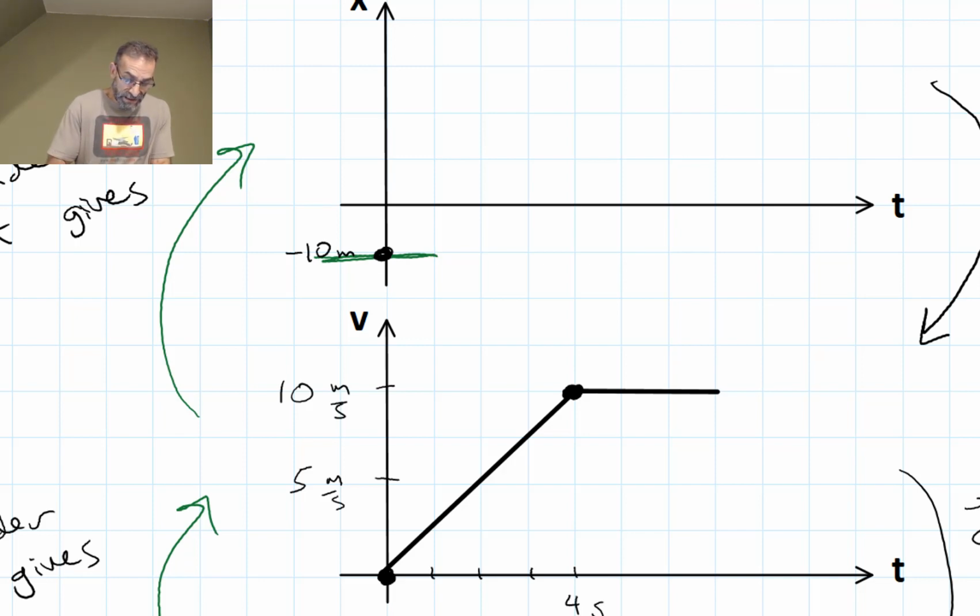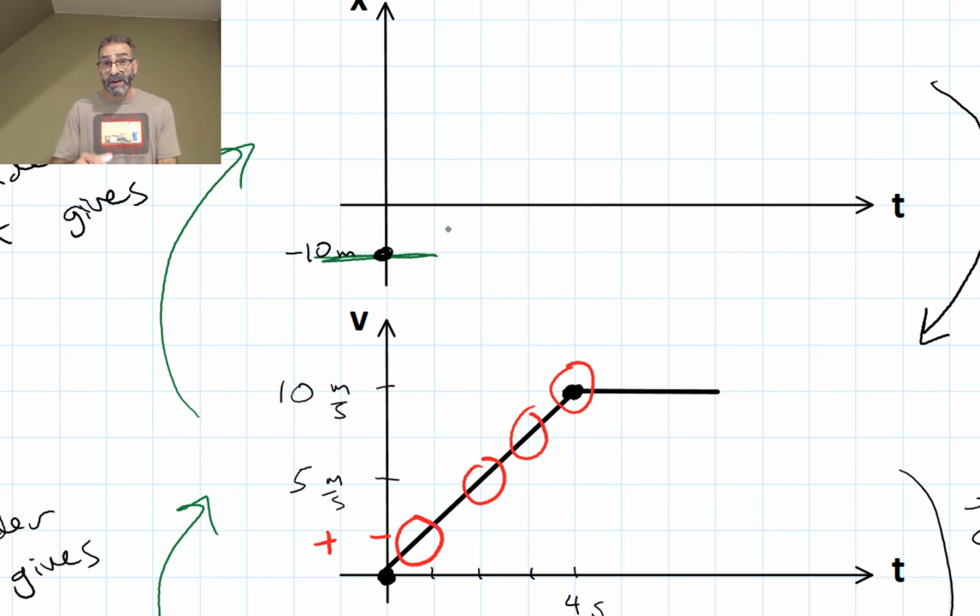And an instant later, the slope is some positive small number. And a little bit later, it's a bigger positive number. And finally, it ends up being a really big positive number. So the slope starts out small, and it becomes larger and larger, but it's always positive.